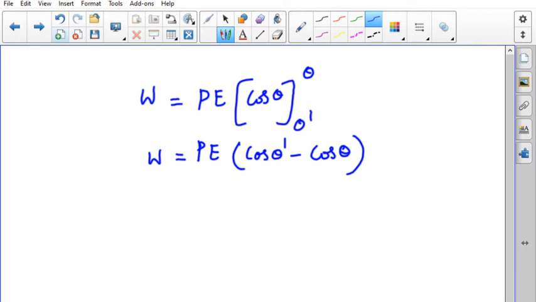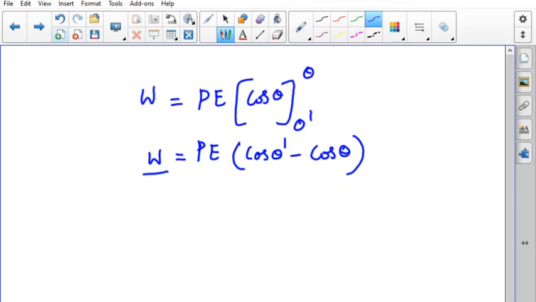This work done is equal to the potential difference between the angular positions theta and theta dash. So this work done can be written as the potential energy difference.